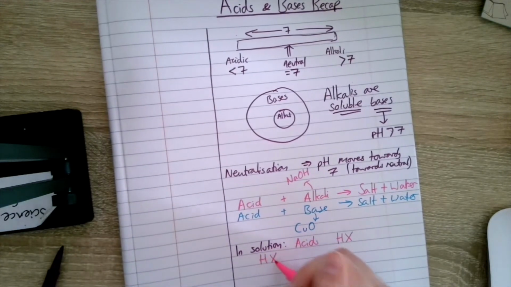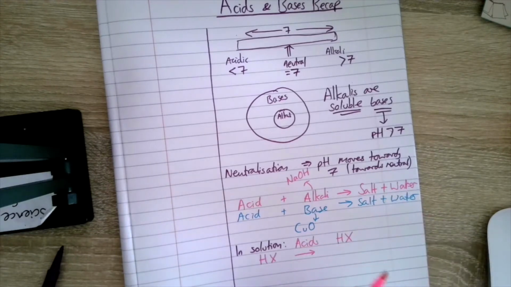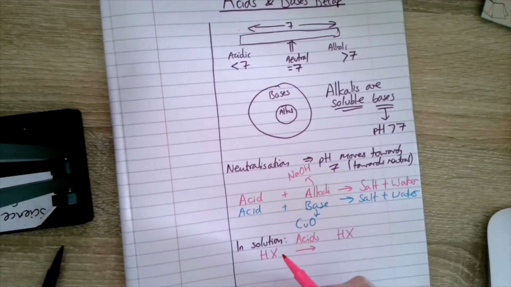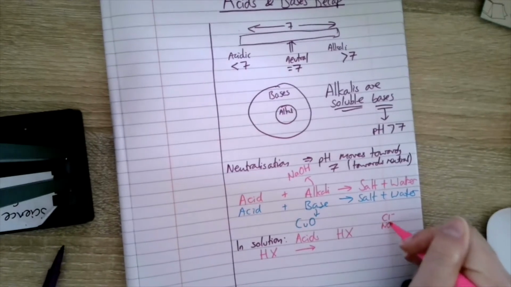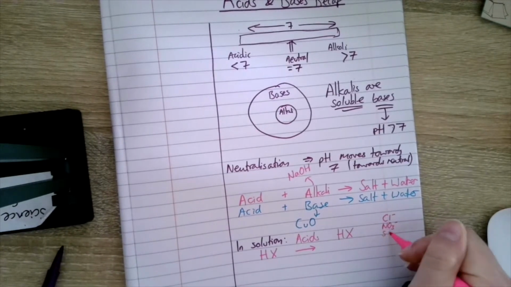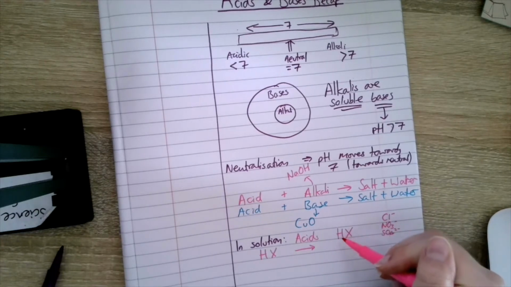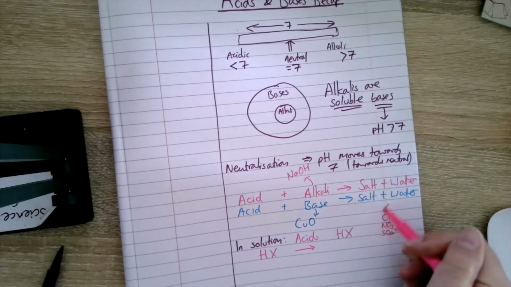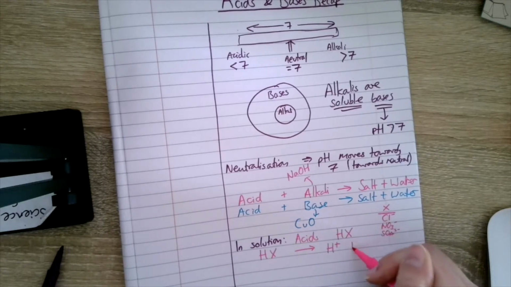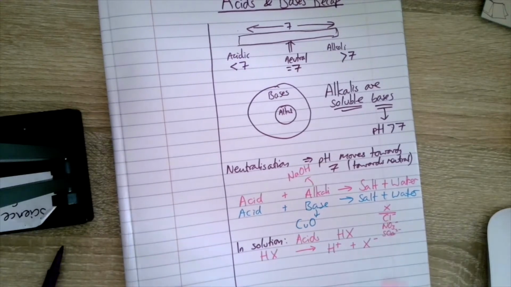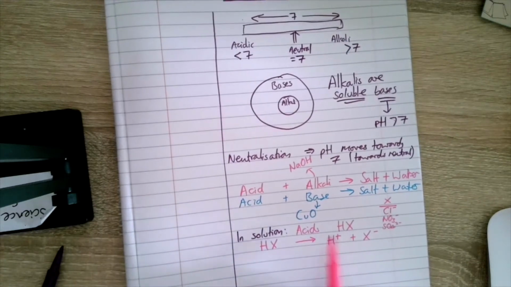So in acid, remember it's an ionic compound because our hydrogen is a +1, and X could be something like chloride or nitrate or SO4 2-, but then we have 2 hydrogens. This will dissociate, so the ions split up into the respective ions.